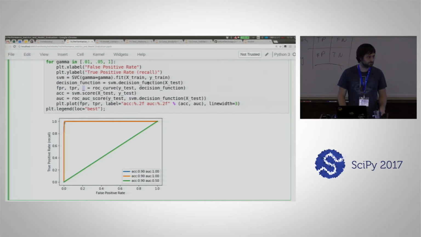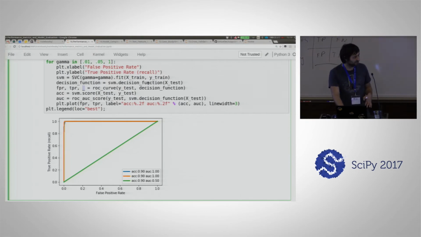Maybe a warning on multiclass. Okay, yeah. So right now, there's no multi-class implementation of AUC. There's a pull request, but there's many ways to do it, and there's no standard way in the literature, I think.